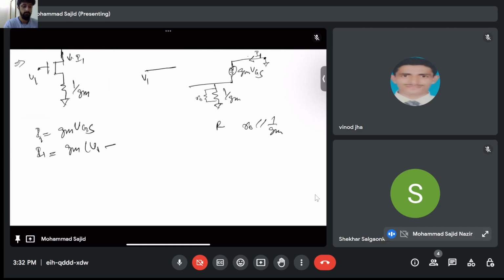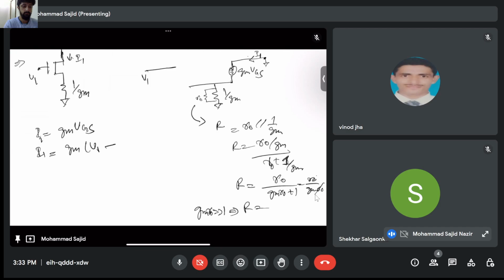This is the resistance here. So R is equal to R0 times 1 by Gm divided by R0 plus 1 by Gm. So this is basically R0 by (Gm R0 plus 1). Since Gm R0 is greater than 1, this implies R is R0 by Gm R0. R0 will go. This is simply 1 by Gm.